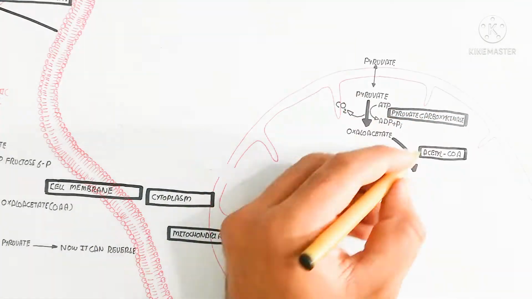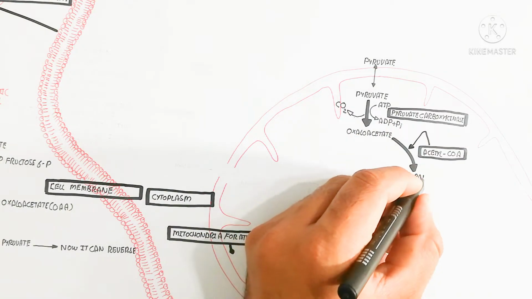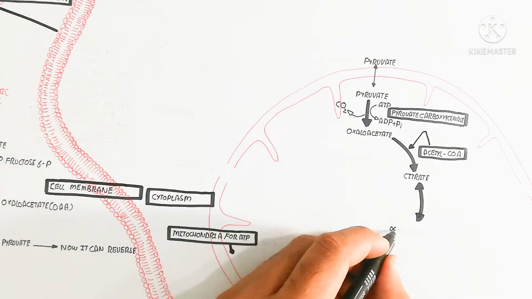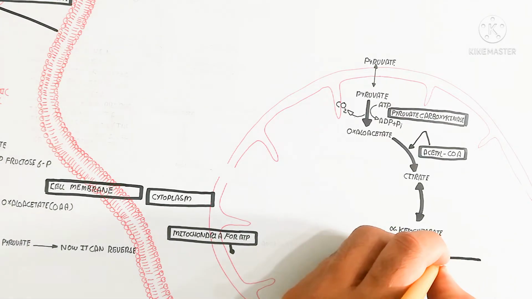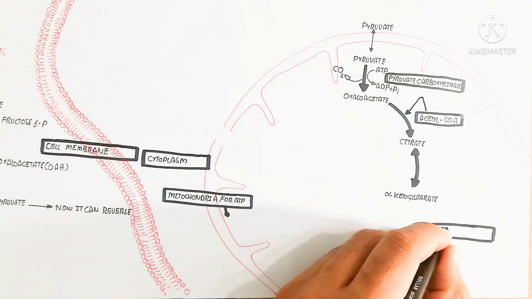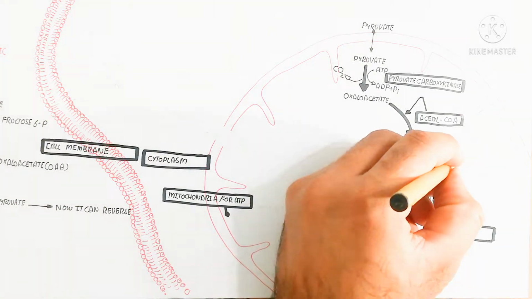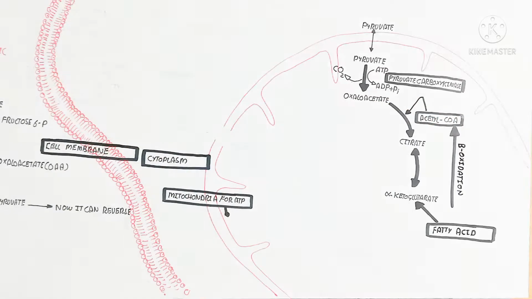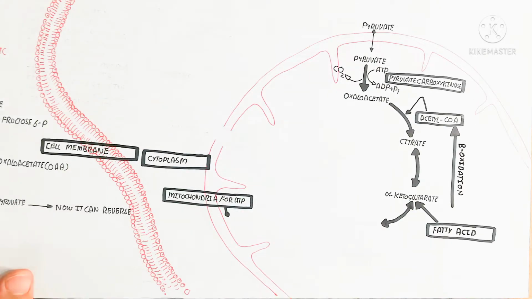The citrate is converted into alpha-ketoglutarate. Fatty acids also feed in through beta oxidation to produce acetyl-CoA, and this acetyl-CoA is also used for the production of glucose.